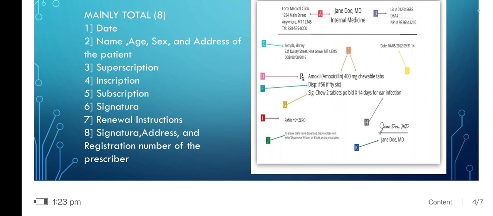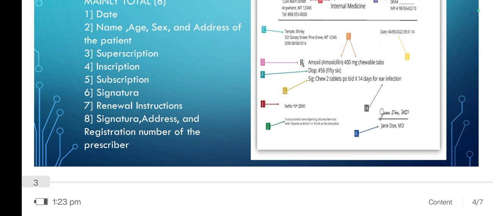For children suffering from any disease, the pharmacist properly checks the prescription and then gives the drugs.